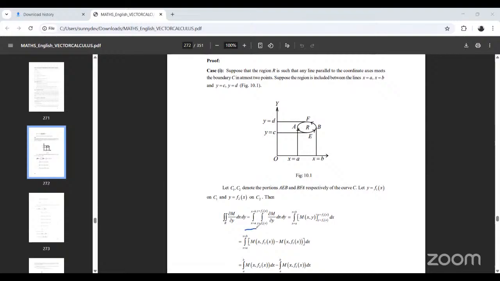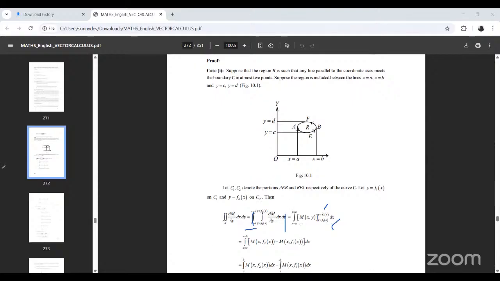So x is bounded by the limits a to b, and y from f1(x) to f2(x), of ∂M/∂y dy dx. Initially we integrate with respect to y, so we get M(x, y) and apply the limits.